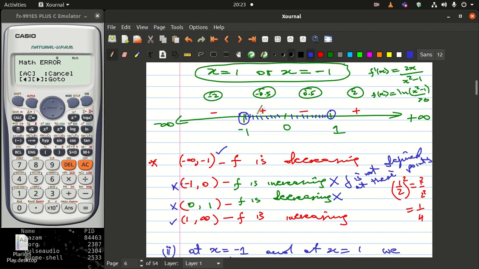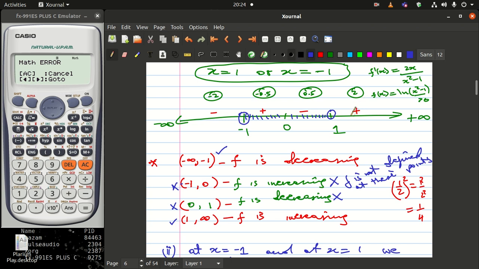I want you to understand that here we are not having a max or min because we don't have a sign on this side telling us there is a local min, and on this other side at this particular point we don't have a sign on the left telling us this is min or max.